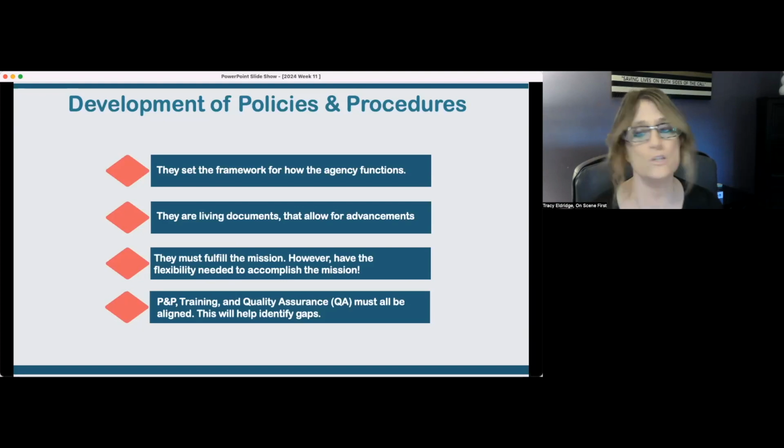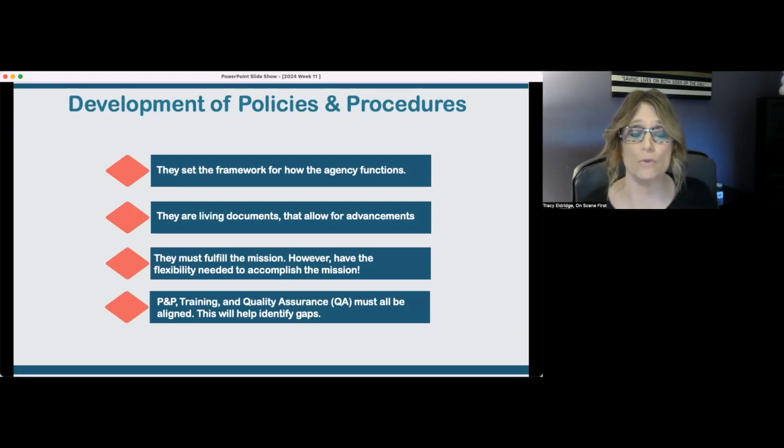If you can justify why you stepped out of a policy and it was valid and it makes sense, and the majority of the folks you work with would have done the same thing, then chances are you're going to fare much better than just doing nothing. So they do have to be fluid. They do have to accommodate the mission, but they do have to be flexible as well.